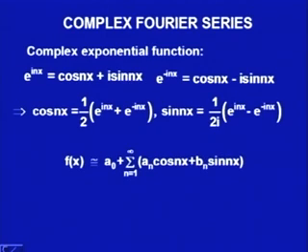Now, let us see the Fourier series for any function, which we write as a naught plus summation n running from 1 to infinity a n cos n x plus b n sin n x. Now, replace this cos n x and sin n x with the results we just obtained in terms of complex exponential functions.